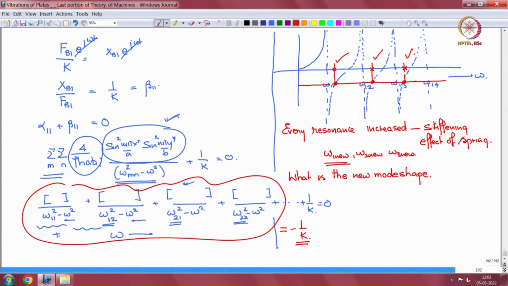At a resonance, at a natural frequency, the response is dominated by the mode shape.